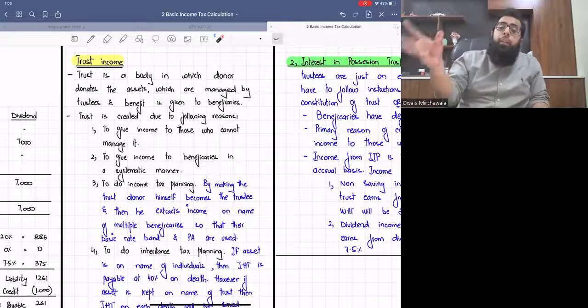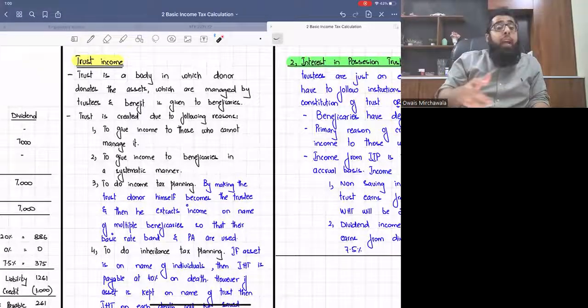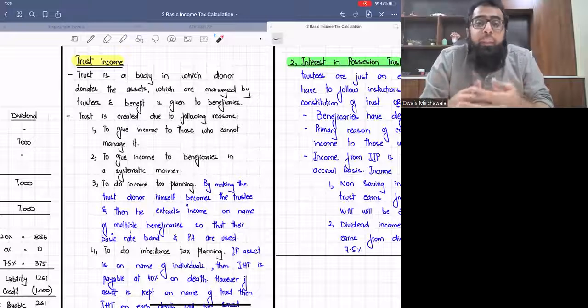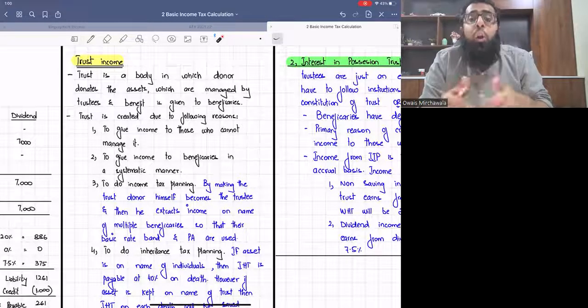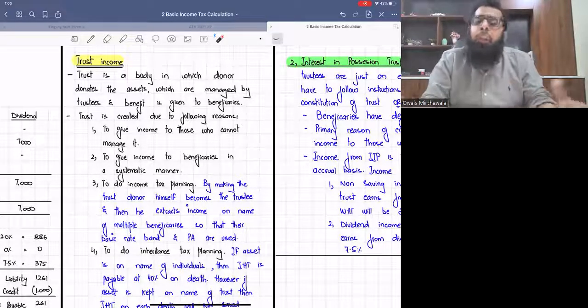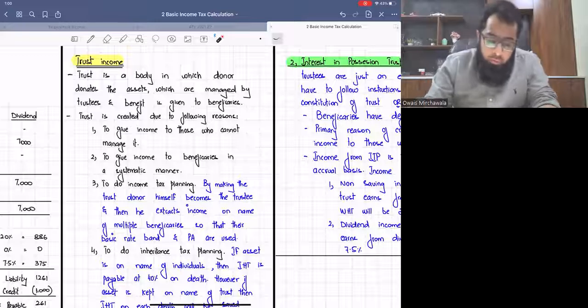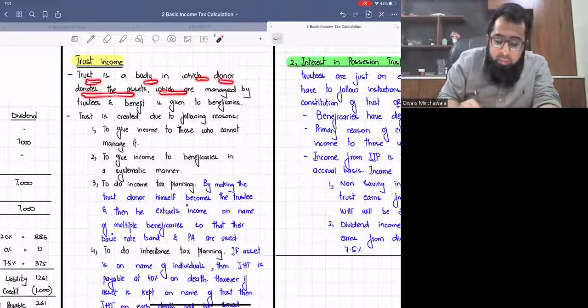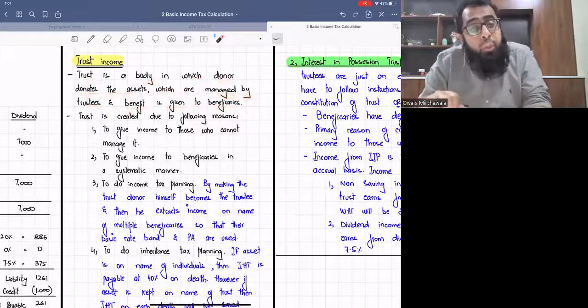He will appoint the trustees, and he will ask the trustees to give the income to the beneficiaries. Now, the beneficiaries can be small children, or it can be some NGO or whatever. So a trust is a body in which a donor donates the assets which are managed by trustees, and the benefit is given to beneficiaries.